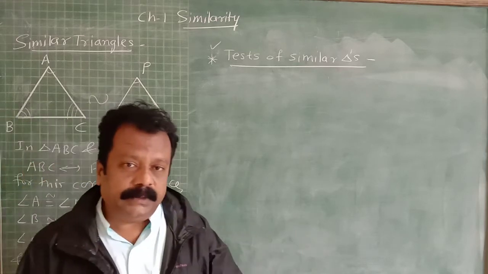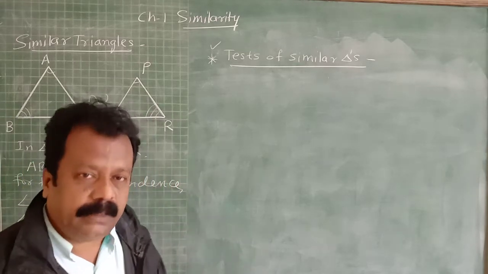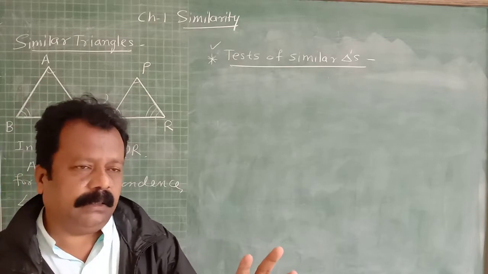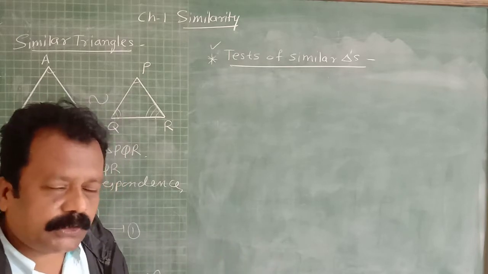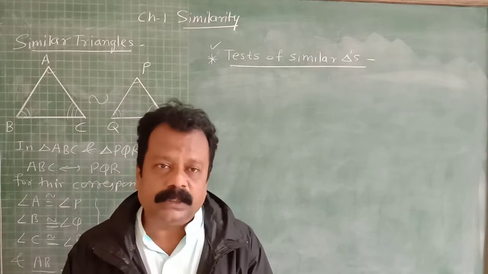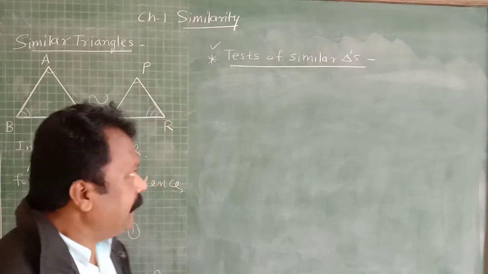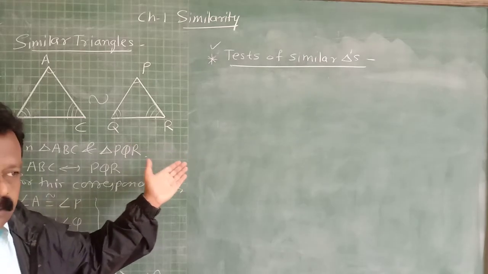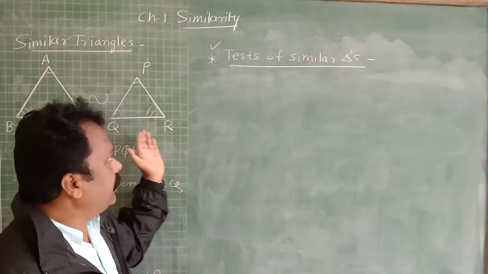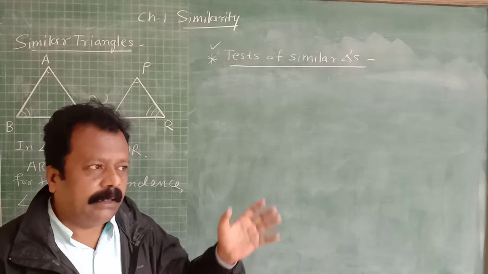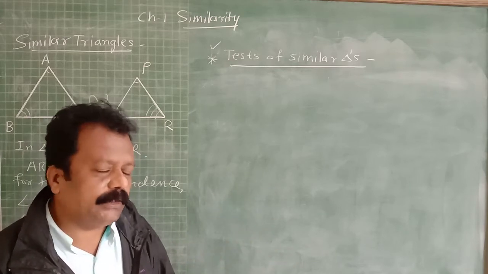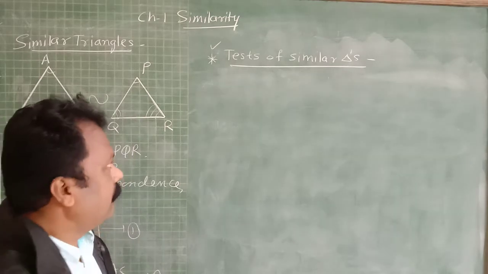Now, it is not necessary to write all 6 conditions. For our convenience, we are taking tests. A test means only 3 necessary and sufficient conditions we can show. Then we can show the two triangles are similar to each other. What are the sufficient conditions? At a time, take 3 sides of one triangle and 3 sides of another triangle. If the corresponding pairs of sides are in proportion, then we can show the two triangles are similar.